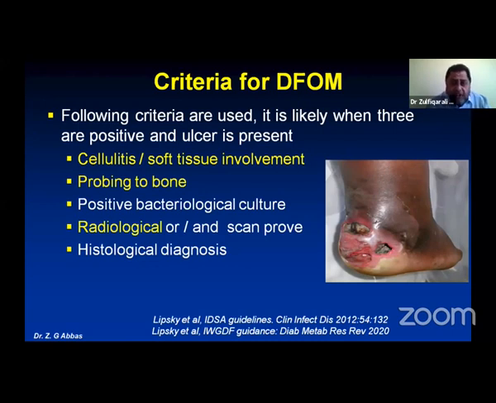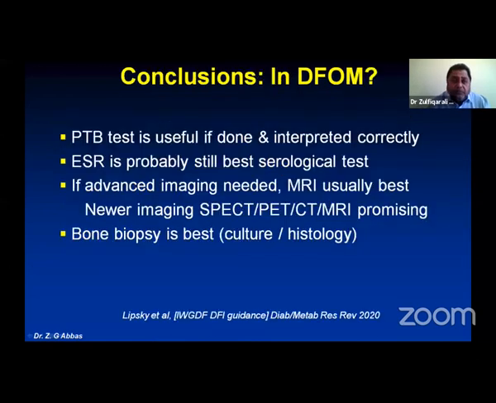All these which I have highlighted are present everywhere, at the district level, even at primary centers, anywhere in the world. If you have an added positive bacteriology culture, scan, or histology, it's better. So with any three of them positive, you can diagnose osteomyelitis easily.